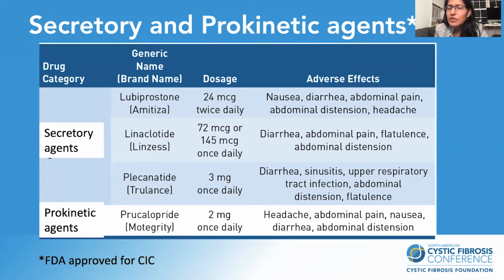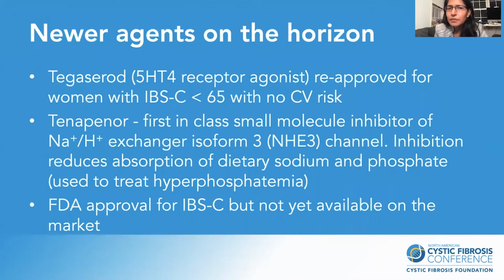And you'll see that the adverse effects are pretty similar across these agents, mostly nausea, diarrhea, abdominal pain, flatulence, but they're dose-dependent reactions. So often by decreasing the dose or using every other day dosing, you can usually minimize some of these side effects. So what's new on the horizon?